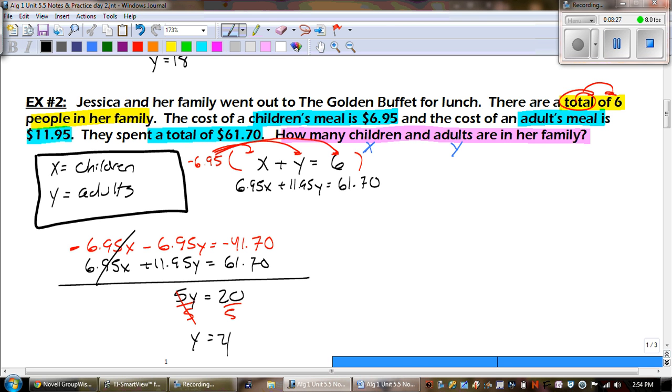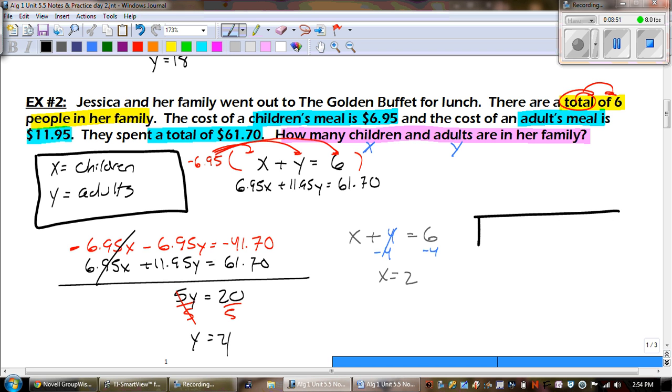Okay, so that tells us how many adults there are, but we just need to find the children. So we know that we take x plus y, and y is 4. That's going to equal 6. Subtract 4 from both sides. Most of you guys already know this by now, but x is 2.